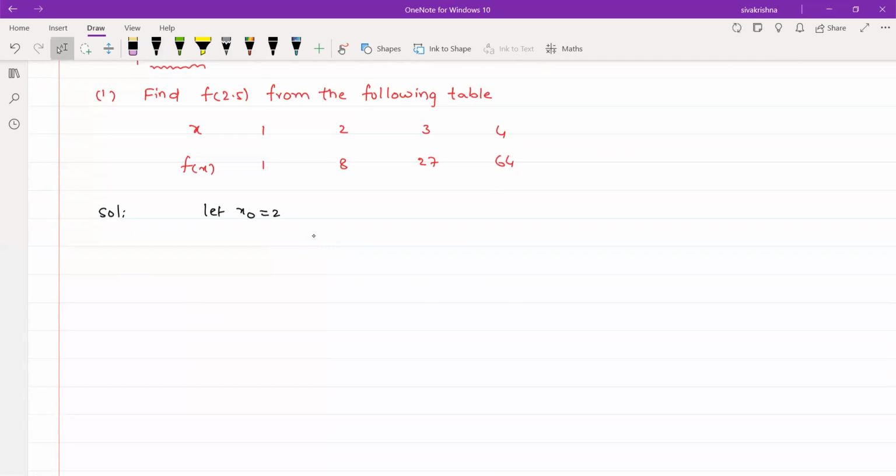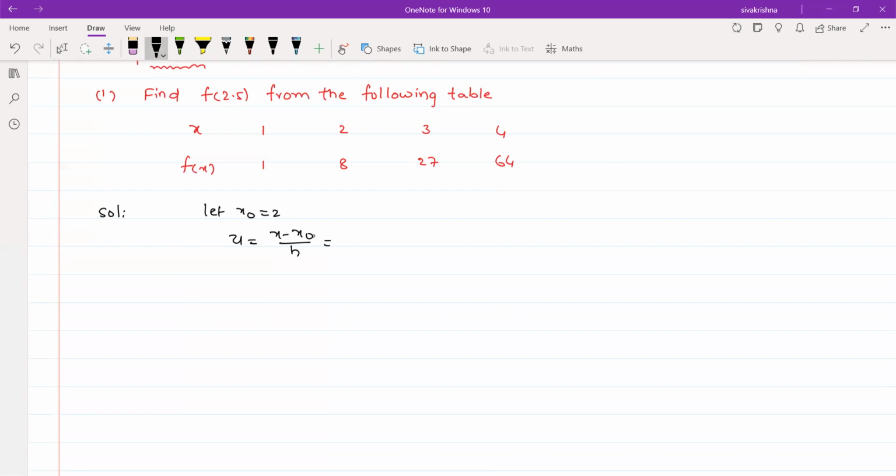Okay, right. Next we have to find u. The formula for u is equal to (x minus x naught) by h. This is the formula to find u. Here x is the value we have to find, that is the x value.